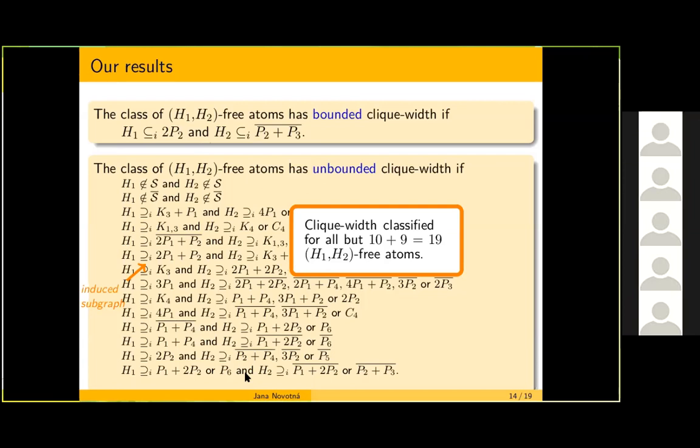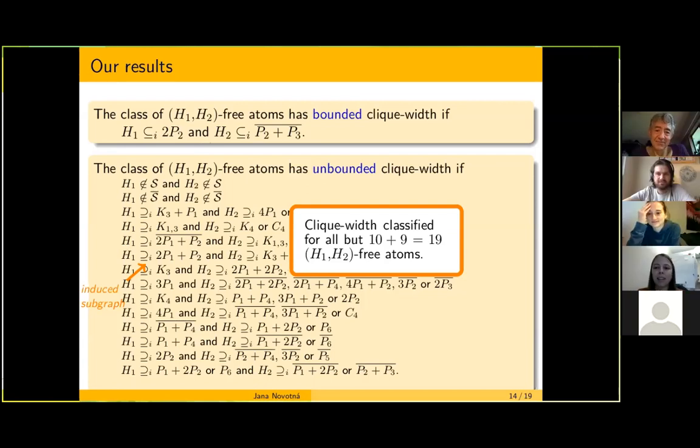So S is a union of paths and subdivided claws. You have a claw, and you can subdivide each edge arbitrarily many times. Okay, thanks.